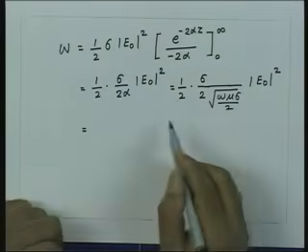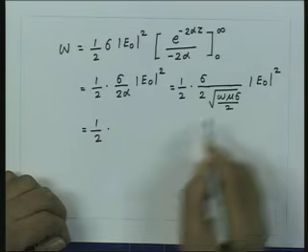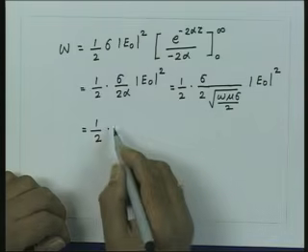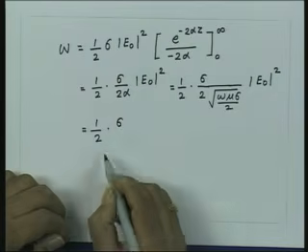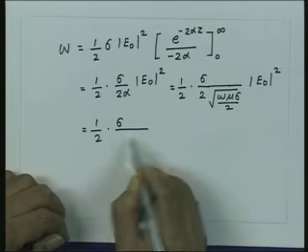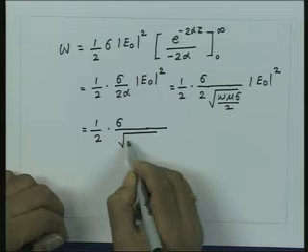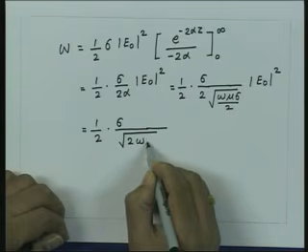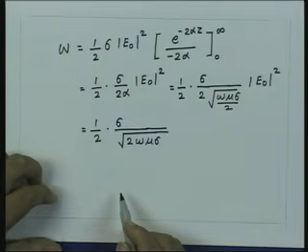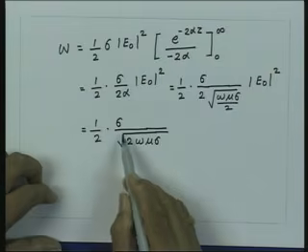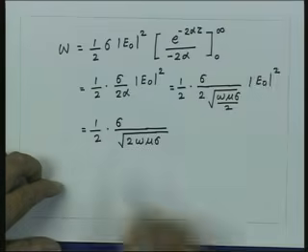So essentially this can be written as half sigma upon square root of 2 omega mu sigma, but square root of omega mu sigma is nothing but mod of gamma.